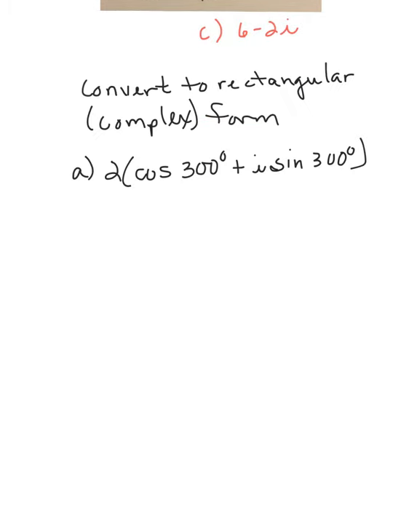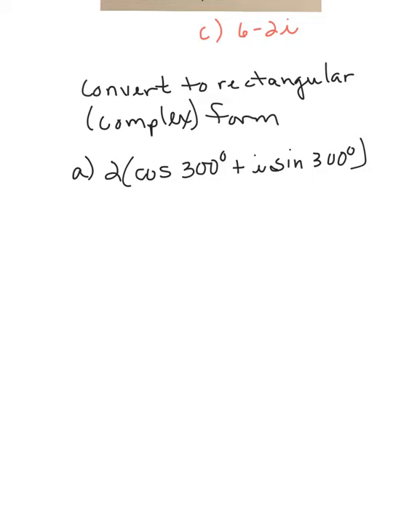The next thing we're going to look at is converting a number from polar form into rectangular or complex form. Polar form will still have i in it, but it will have sine and cosine in it instead of just numbers. So in order to convert from polar form into complex form, it's not too bad.